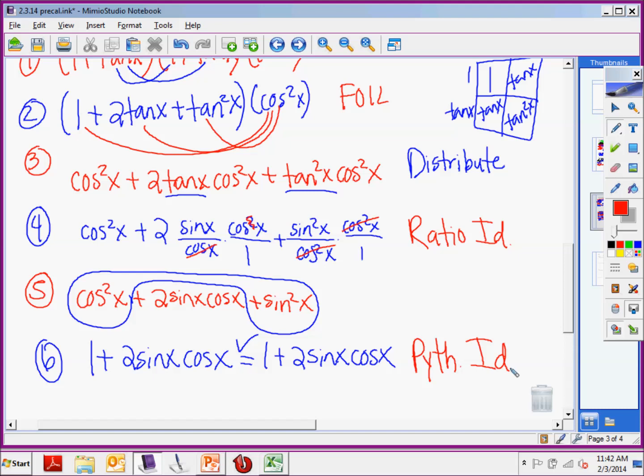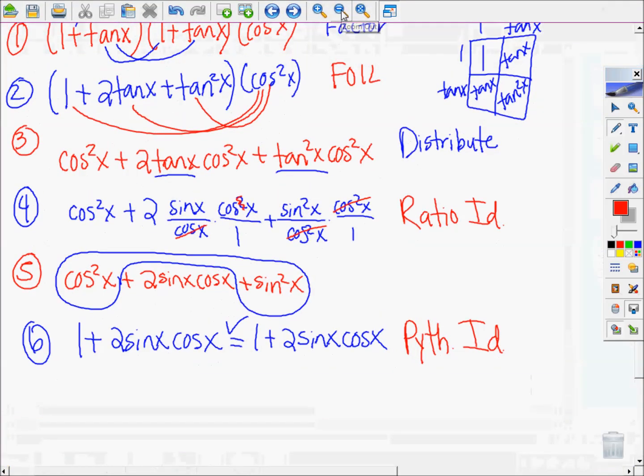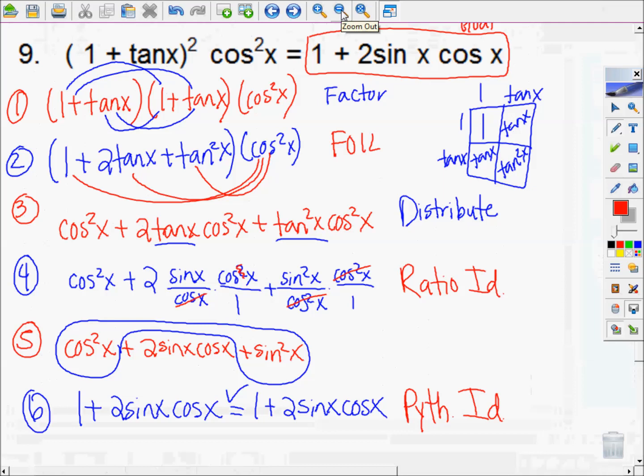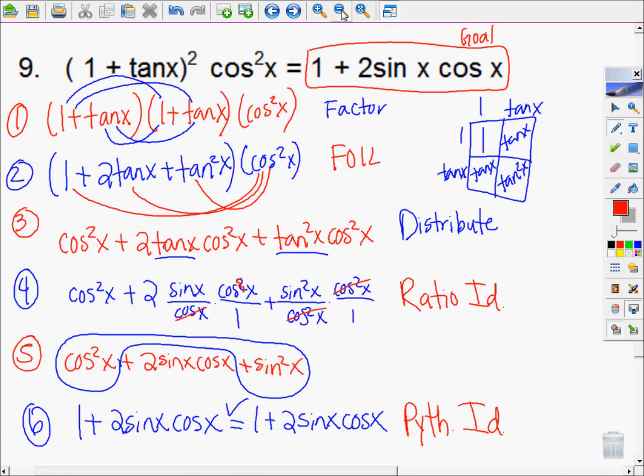All right, so let's recap this problem. Step 1 was we expanded, and the reason why we expanded is because it was squared, correct? And so we expanded it so now that we can see all factors of the problem.